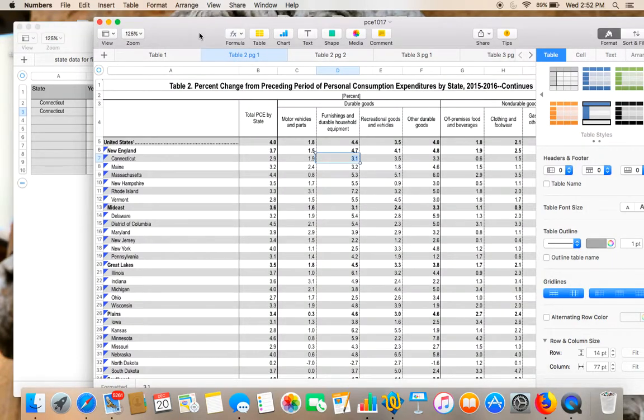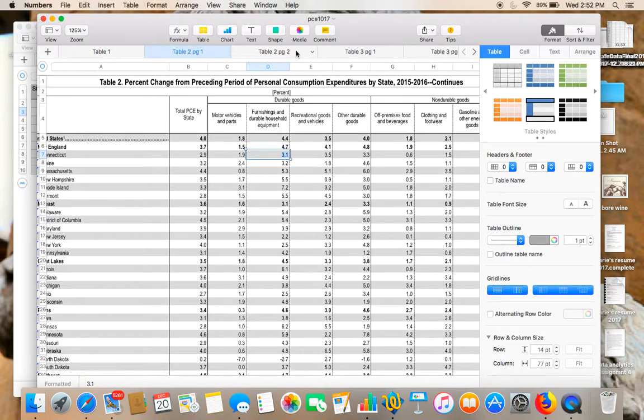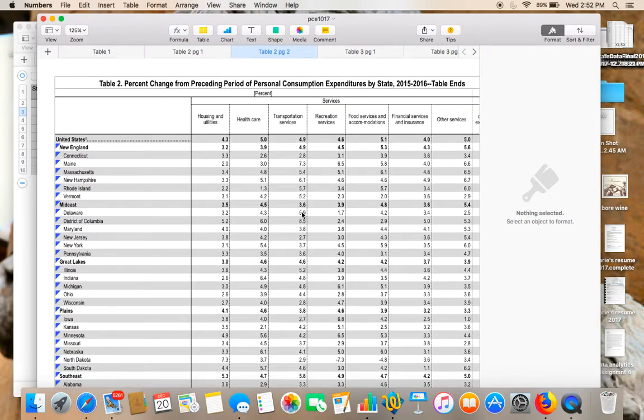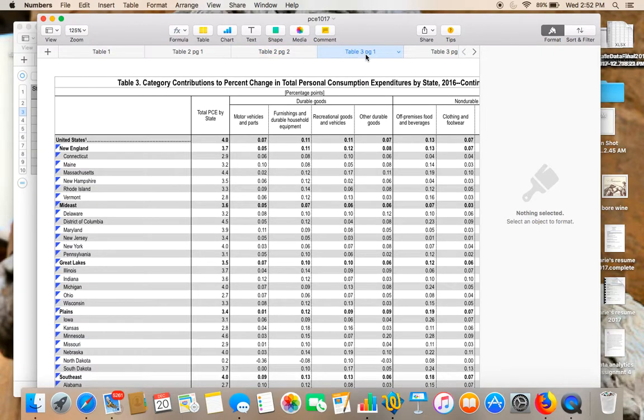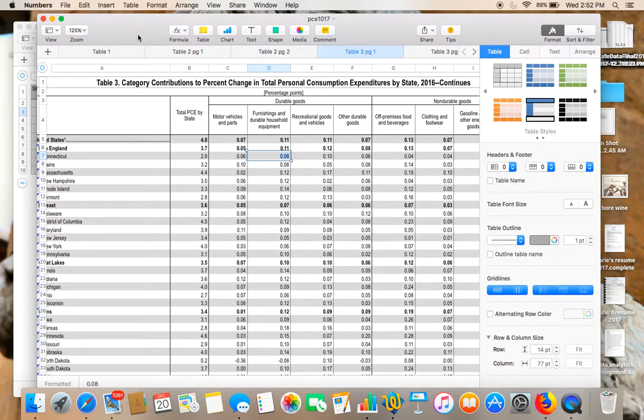That is also on the spreadsheet in a different table. This is 2015. I'm going to have to look for 2016 for Connecticut. Oops, one more. And it is 0.08% increase from 2015.